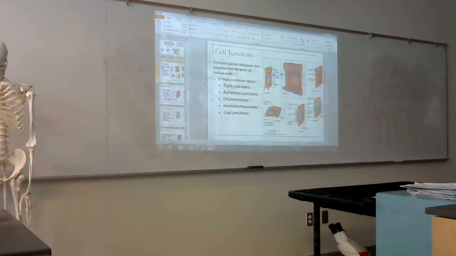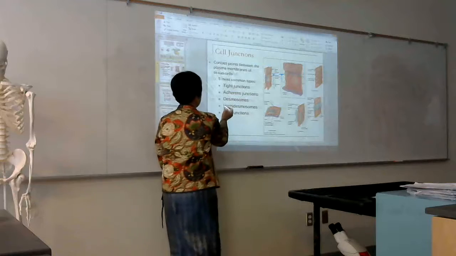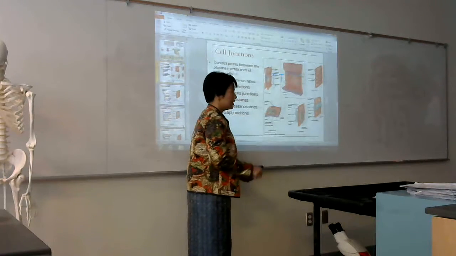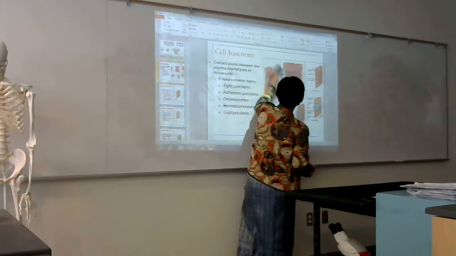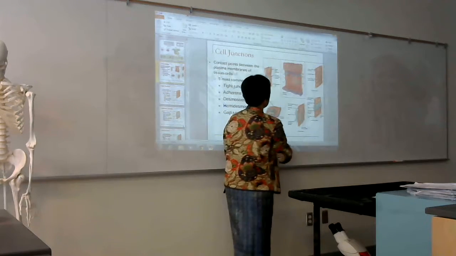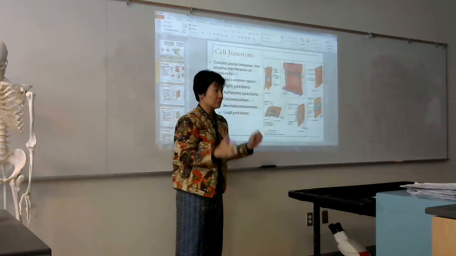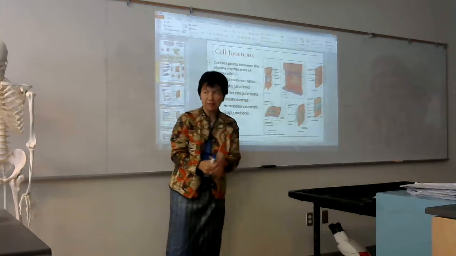And then you have this hemi. The hemi looks like a fence, the letter H, right? And the fence, you push it down. And that's where you will find the junction that anchors them to the underlying tissue. So like a fence, you push the fence down.